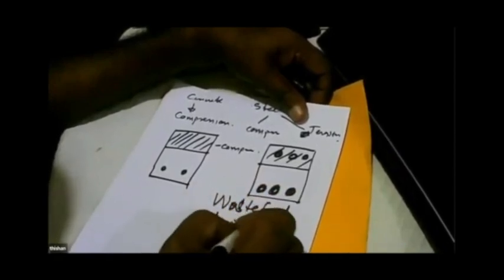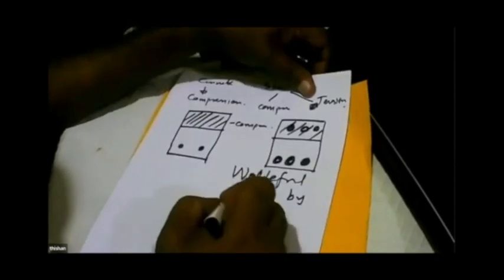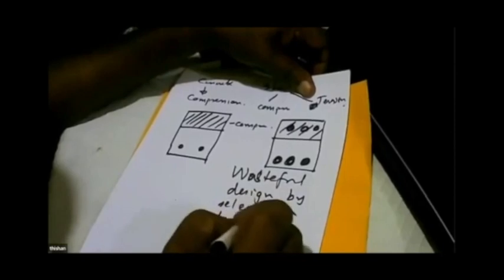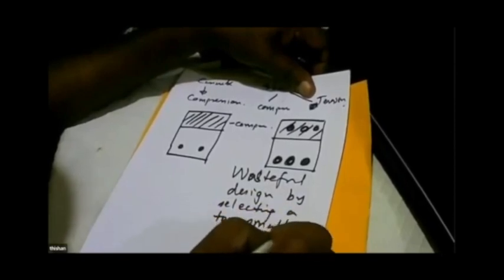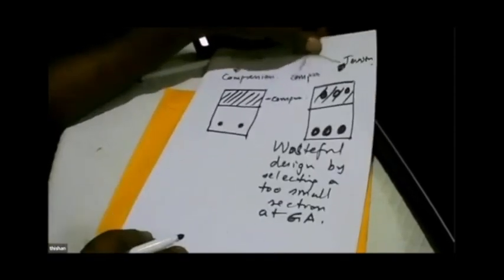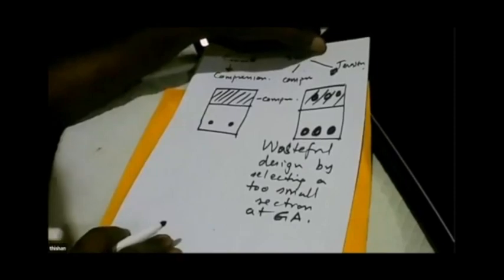Design by selecting a too small section at GA level, general arrangement. At GA level, you have selected a too small section. It's not good.